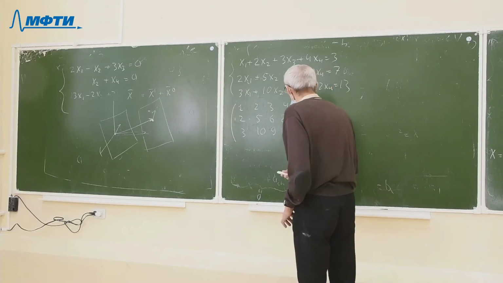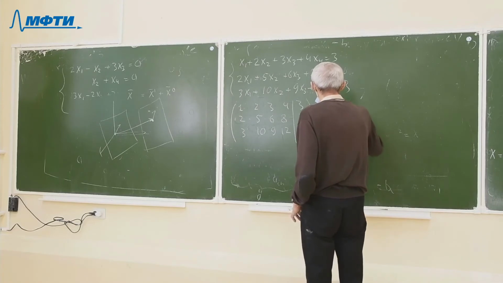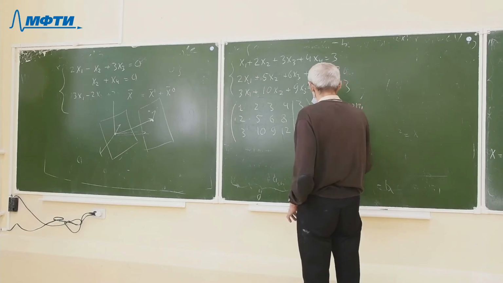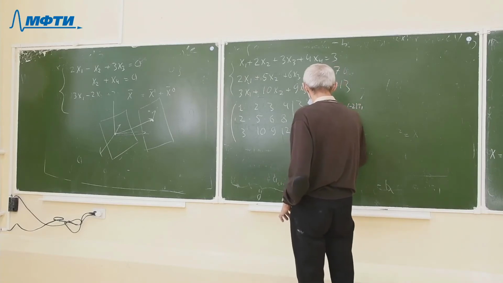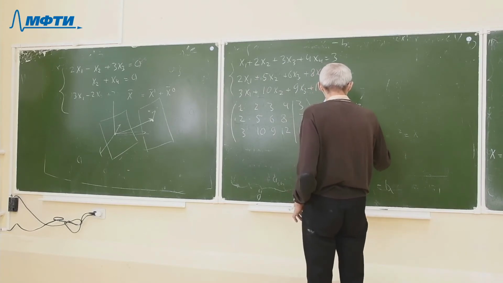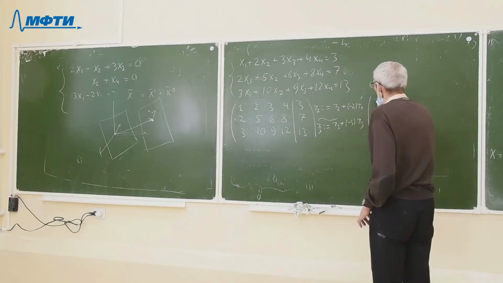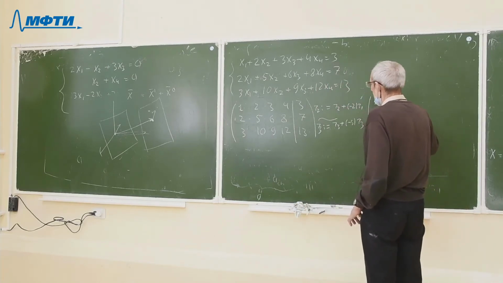We can put R2 equal R2 plus minus 2 R1, R3 we put equal R3 plus minus 3 R1. The first row we rewrite.